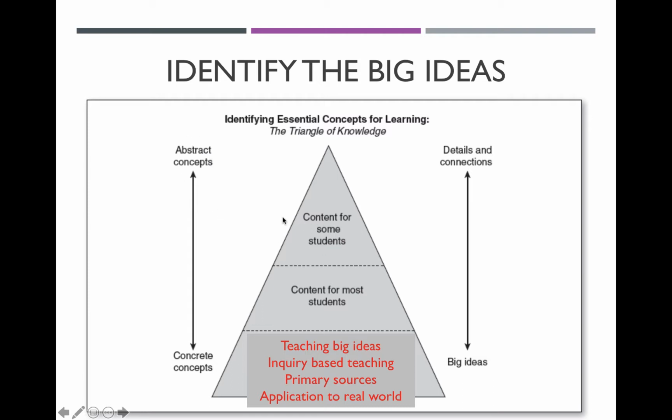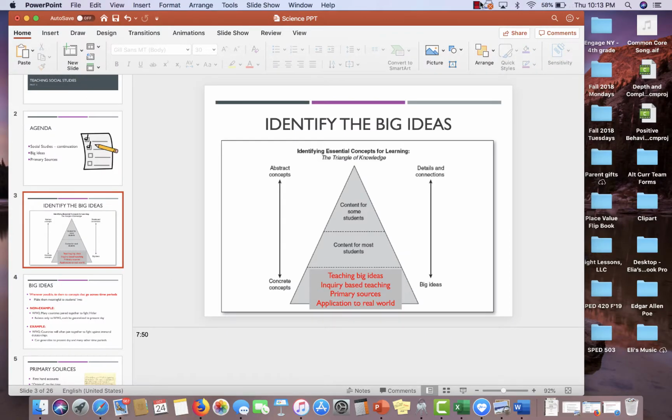Few students can do well with abstract concepts given their skills, so we can have them focus on small details and connections. But at the bottom, we're looking at concrete concepts and we're looking at supporting students and their big ideas.